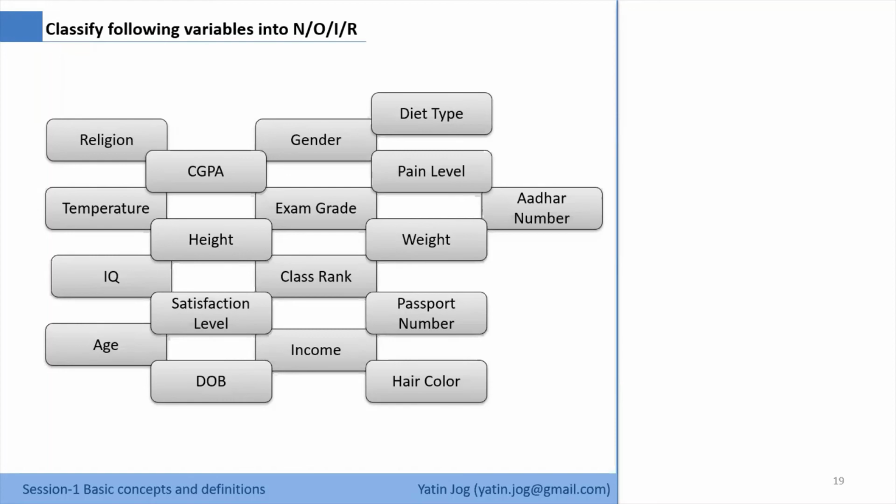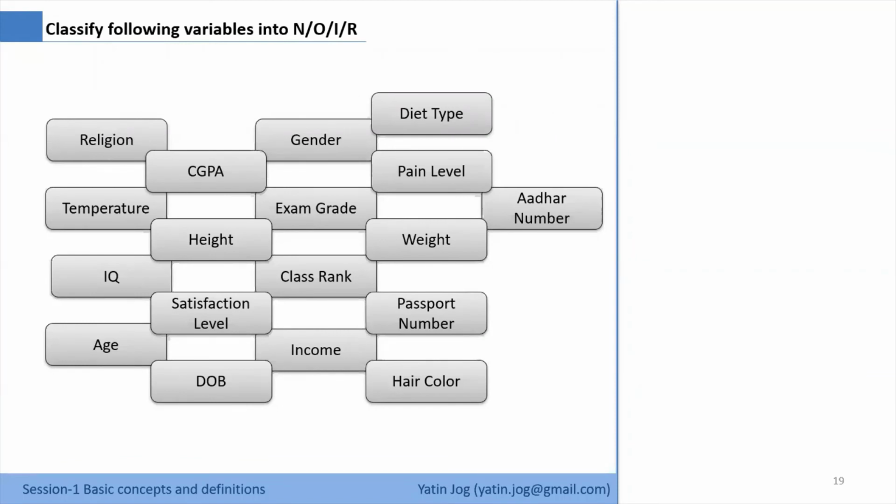The answer is correct because though there are some numbers and alphabets present, and they have some meaning, still, if my passport number is 1 and someone else's passport number is 2, that doesn't mean I'll get first preference if I go for ticket booking. So these are just labels for me. Yes, these passport numbers and other numbers have some meaning for governmental bodies. That is fine. But for the normal public, passport numbers and other numbers are just labels. So these are nominal variables.